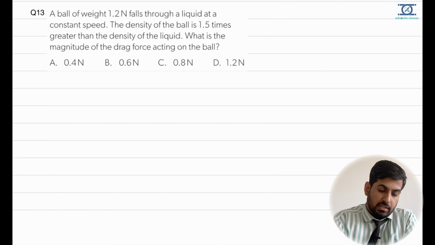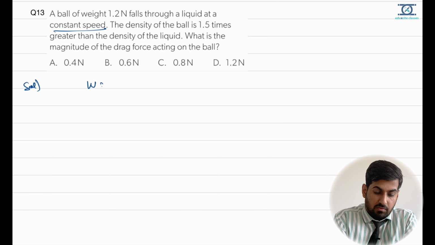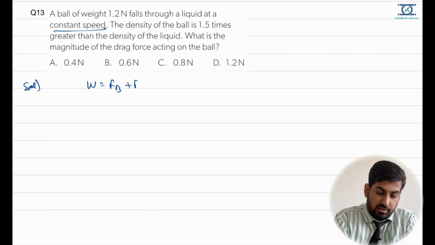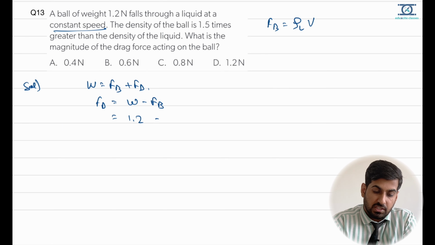Okay, again in this, constant speed means terminal speed, so weight is equal to the buoyant force plus drag force. Now they are asking us the drag force, so drag force will be weight minus buoyant force. So weight is 1.2 minus buoyant force. Now buoyant force is what? Density of liquid times volume of the object times g, right?